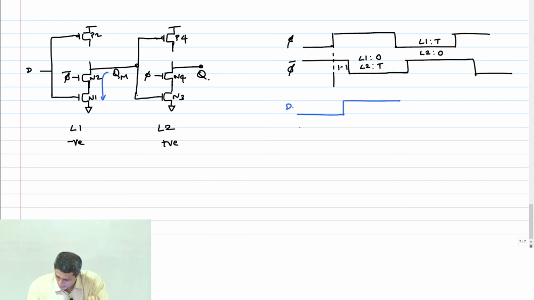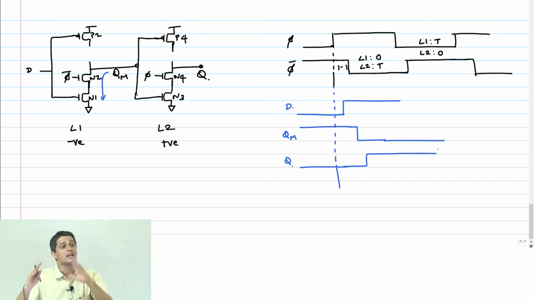QM, if you look at this, will basically look like this, and Q, which was supposed to sample the edge 0, will actually get inverted like this, somewhere in between. My sampling edge is this, and there is a problem.